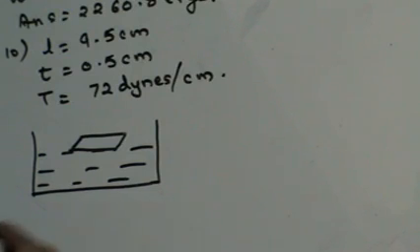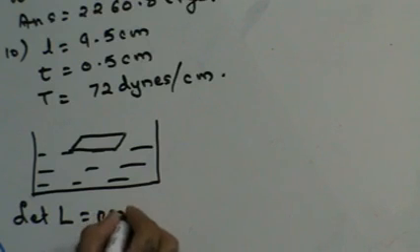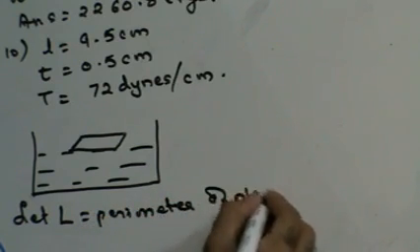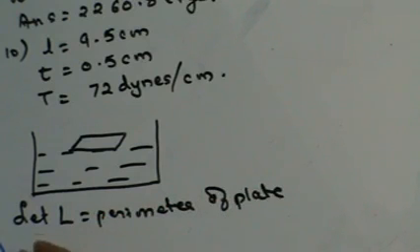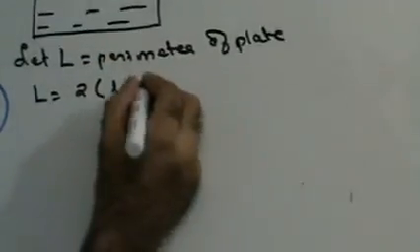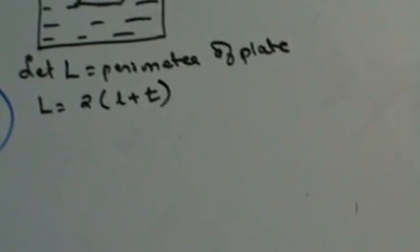Therefore, let capital L be the perimeter of the plate. So in that case, L is twice (l plus t). That will be the length of the plate in contact with the water surface.